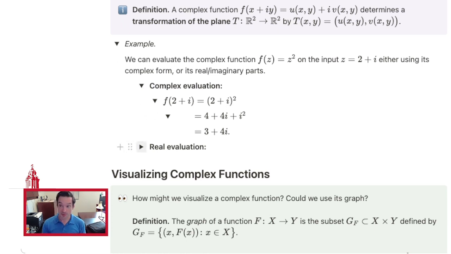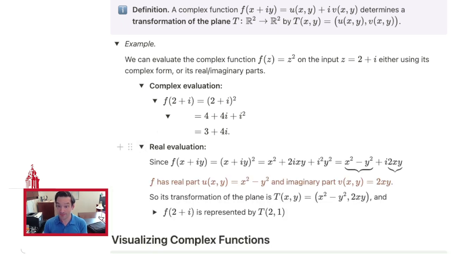But from the real perspective, what I would do is take the input 2 plus i, forget that it's a complex number, and just treat it like an ordered pair, the ordered pair 2 comma 1. And then I would need to plug 2 comma 1 into the real part function, which, when we find the real part of the squaring function f of x plus iy equals x plus iy squared, the real part is x squared minus y squared, and the imaginary part is 2xy.